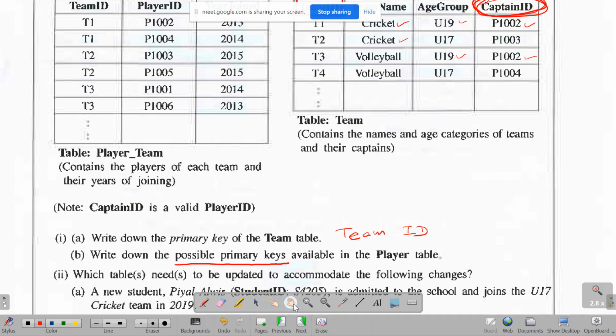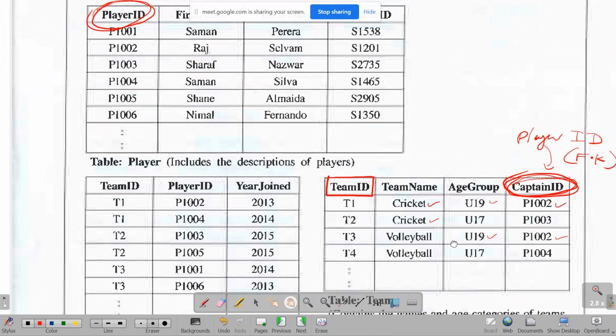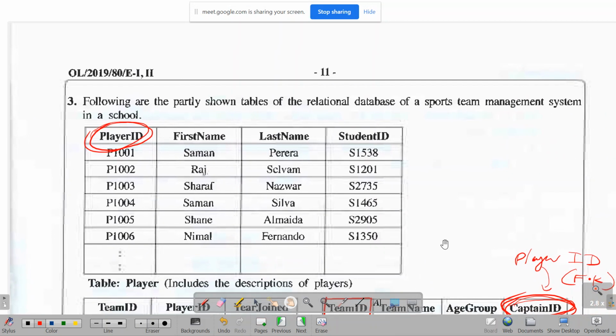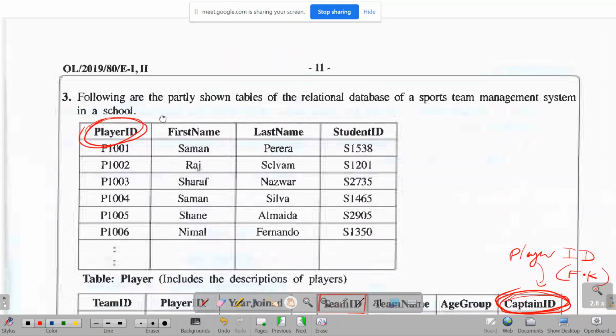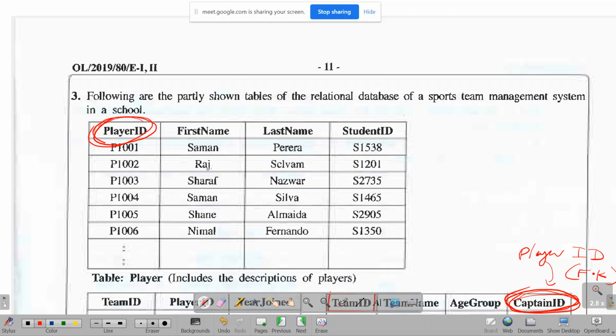So when you look into this, you will realize in the player table, we know that player ID is unique. First name, there are repetitions. In the last name, even though they don't have repetitions, we are not considering a primary key with the last name.